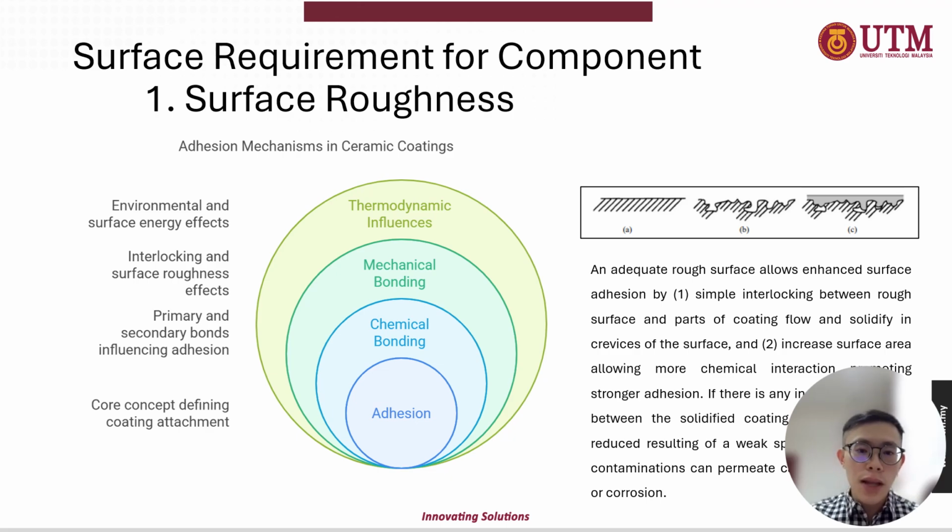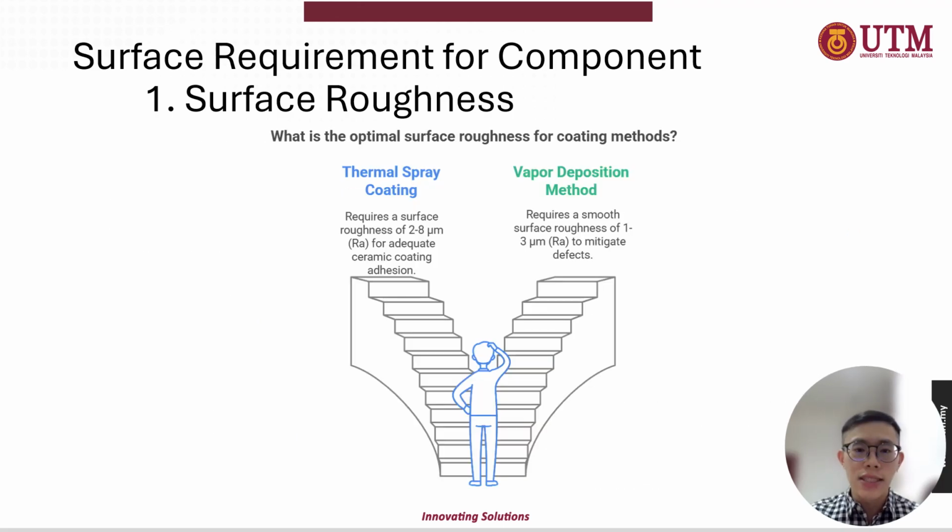For chemical bonding, we are looking at the primary or secondary bond, meaning whether it has a metallic bond, ionic bond, or even van der Waals force of adhesion. These are the core concepts of defining coating attachment or adhesion.